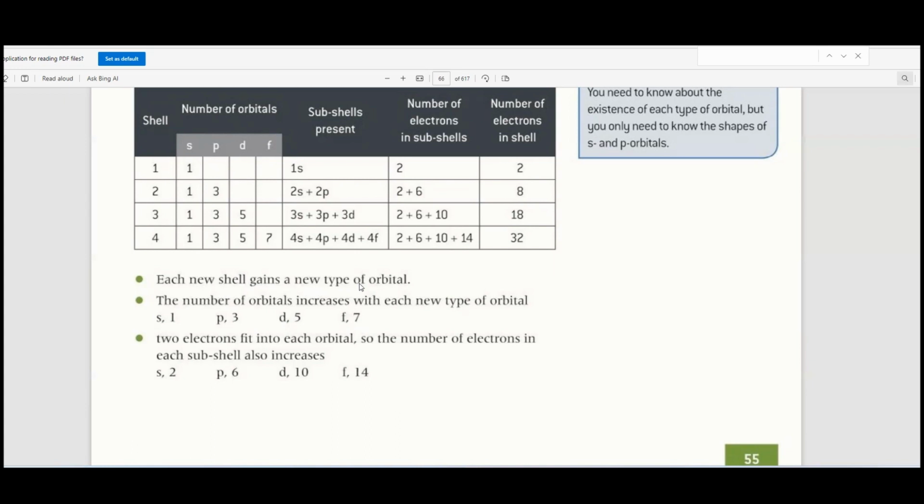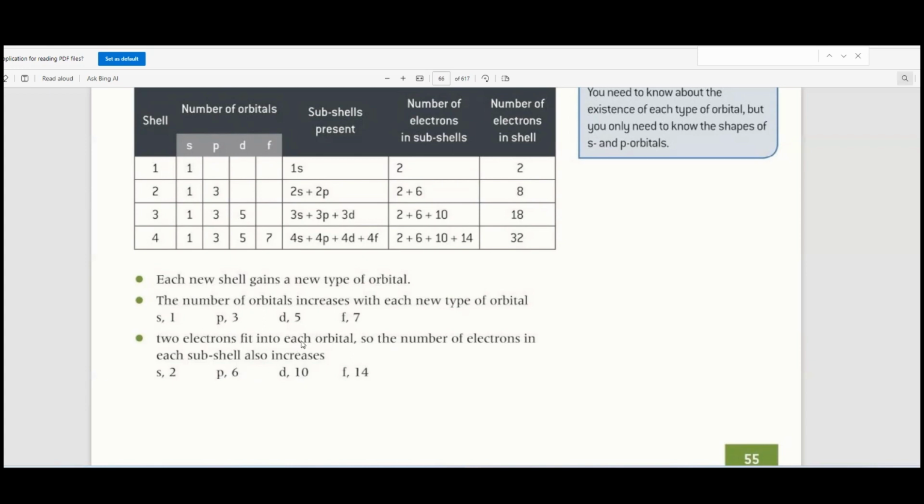The number of orbitals increases with each new type of orbital, because S has just one orbital, P has three orbitals, D subshell has five orbitals, and F has seven orbitals. So the number of orbitals also increases as we move forward.